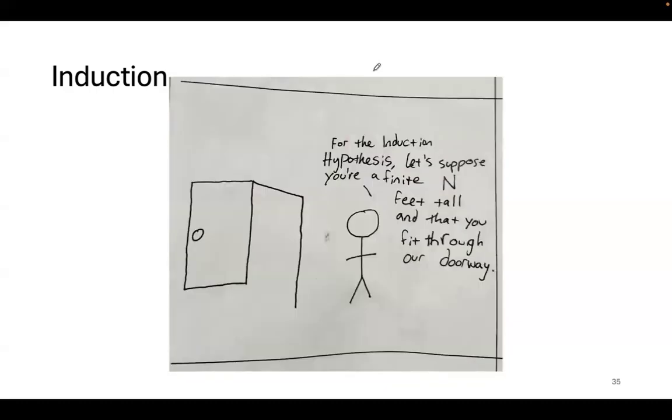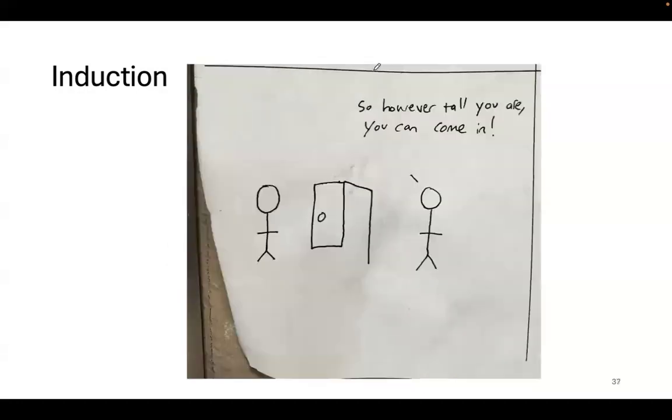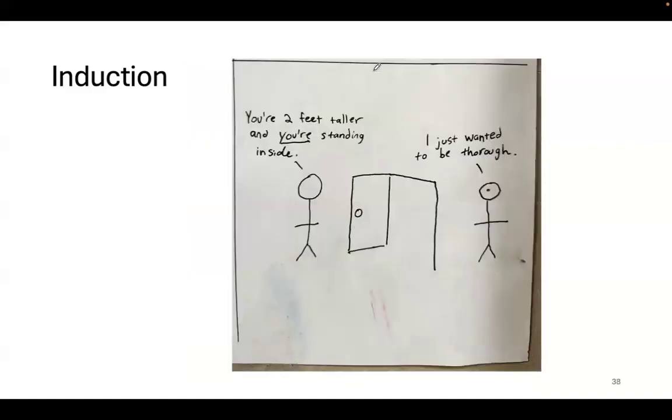Then we have an induction hypothesis where we say, however tall you are, let's suppose we cap it somewhere, and let's assume that you can fit through the doorway. And then the bulk of the work is n+1, where we say, if you're at least 1 foot taller than that, you can at least crouch until you get to the dining room. Therefore, you can come in the house. That's the idea of induction.